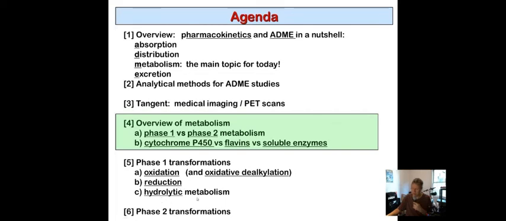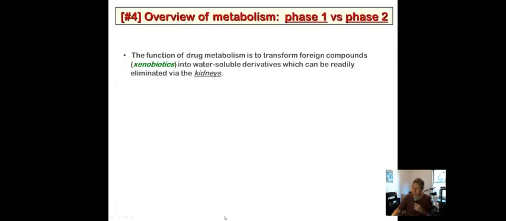Hydrolytic metabolism, which would mean hydrolysis of an ester or amide or something like that. Then we'll talk about phase 2 transformations, which are the kind of conjugations that happen, maybe addition of a glycine or a glucuronic acid or some kind of things that get attached to your molecule.